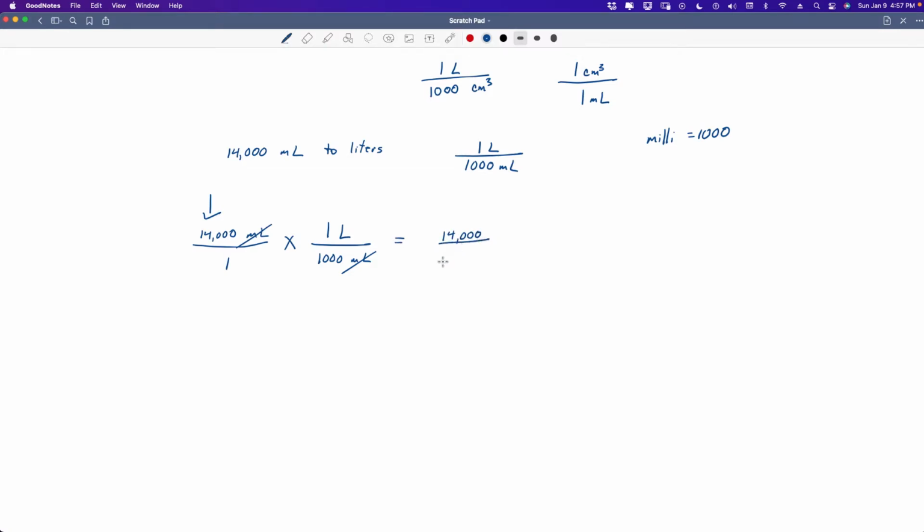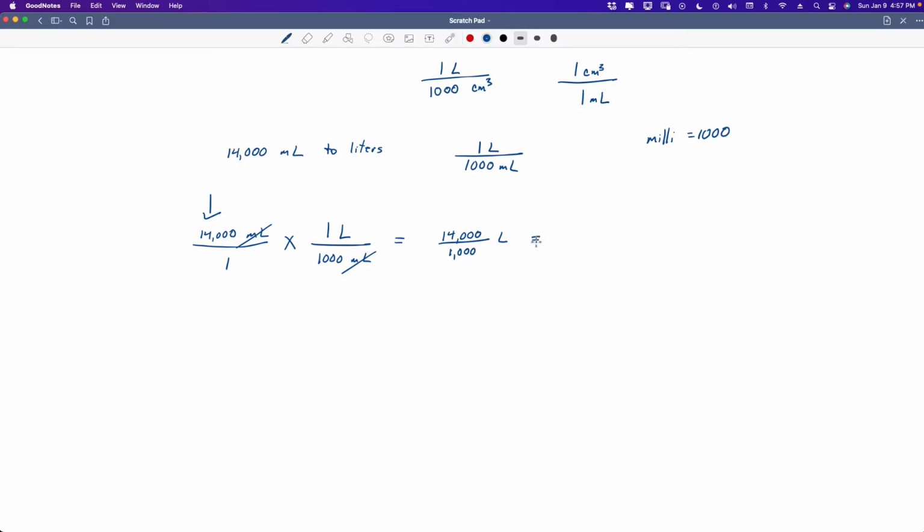So that equals 14,000 over 1,000 liters. Now, I have always said in algebra just to leave the improper fraction. However, in the metric system, it is so easy to perform calculations because they're all base 10. When you have a fraction that is so easily reducible like this, it divides into a whole number.